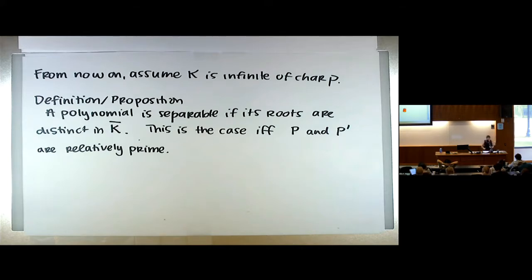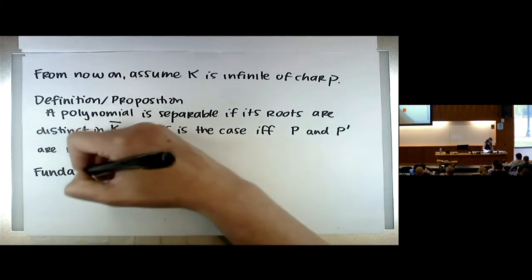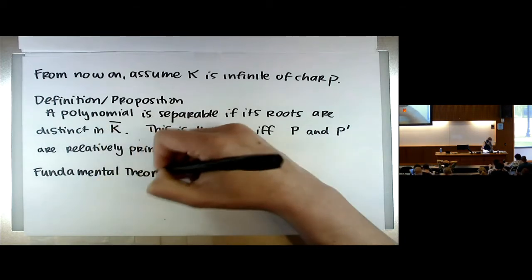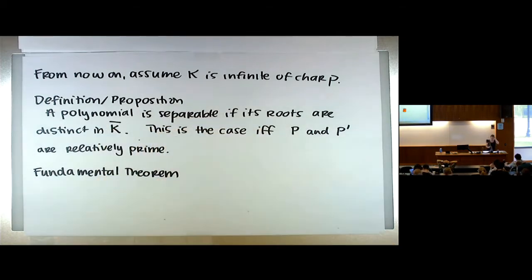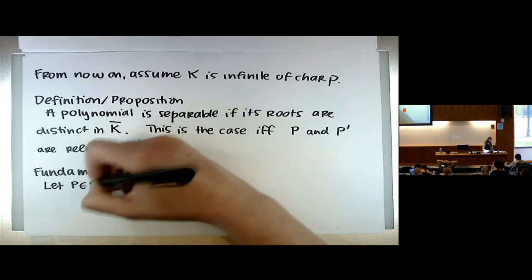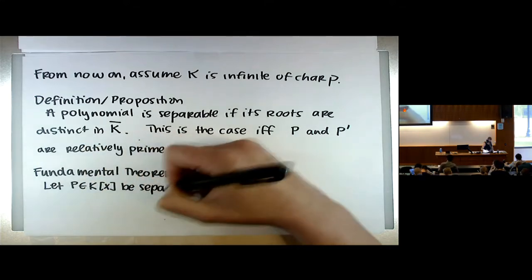Okay. And so now we'll come to the fundamental theorem of additive polynomials, which is the whole point that I was trying to get to, and which I will use all the time, and so should you. So let P be separable.